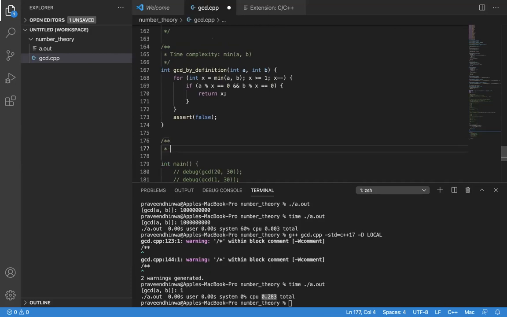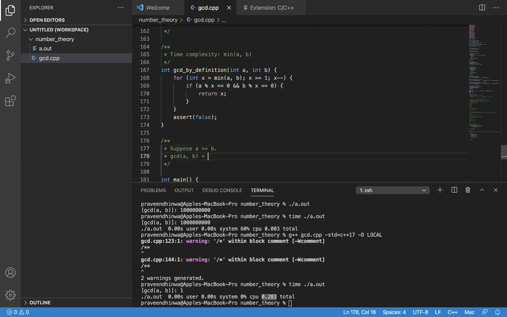You can make one observation about GCD of a comma b, the number which divides a and b. Suppose a is greater or equal to b. I can always assume that; if a is less than b, I can swap, and then a will be greater or equal to b.